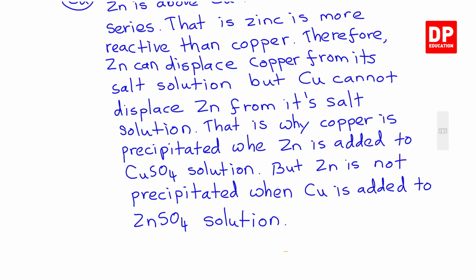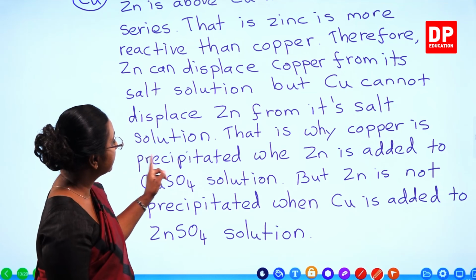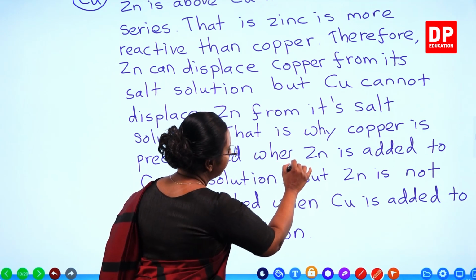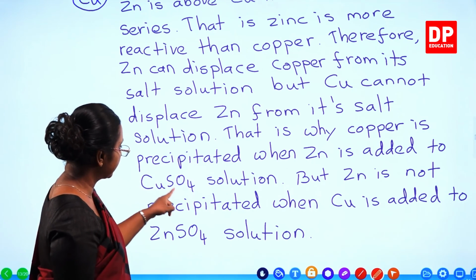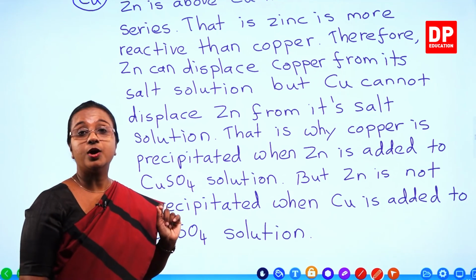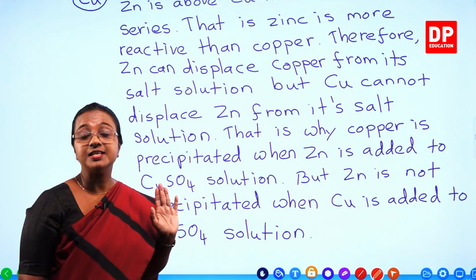So, this is to complete the answer. So, you can say that is why copper is precipitated when zinc is added to copper sulfate solution, but zinc is not precipitated when copper is added to zinc sulfate solution.